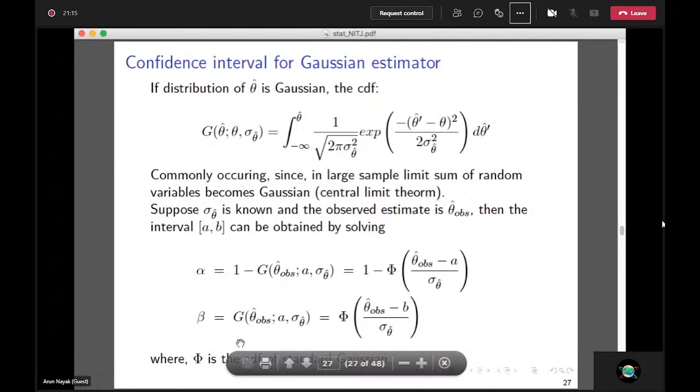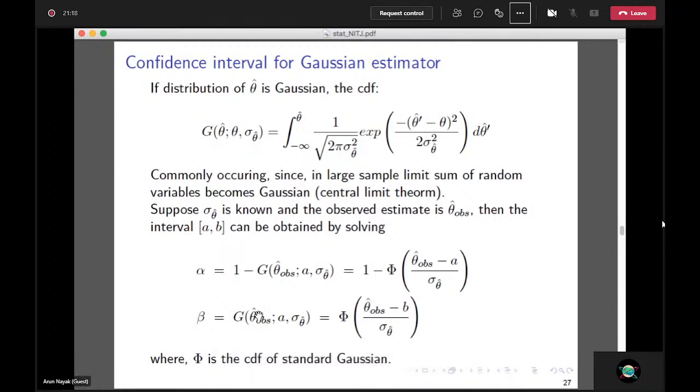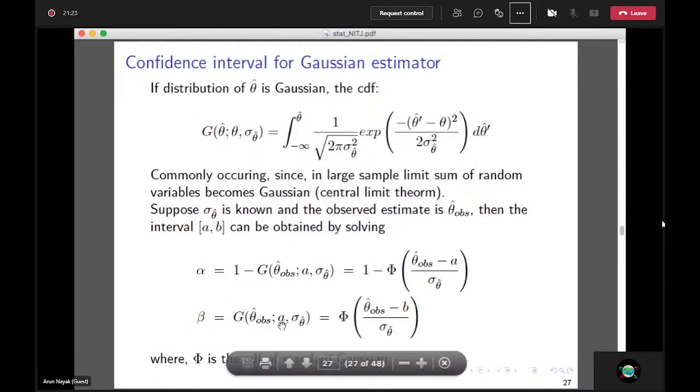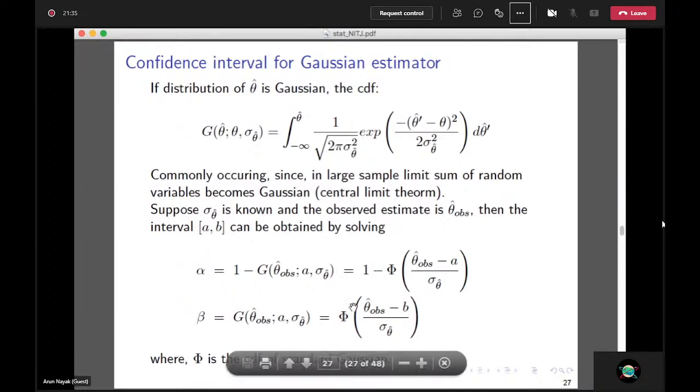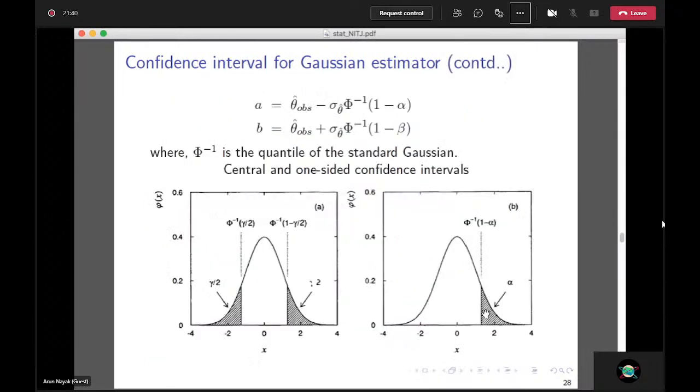Similarly, beta is the CDF for theta observed, given, sorry, I think this should be B. I made a mistake, so I can correct this later. So given that B is the true parameter, you can write it like this, and then invert them to find the value of A, where phi inverse is the quantile of the standard Gaussian.